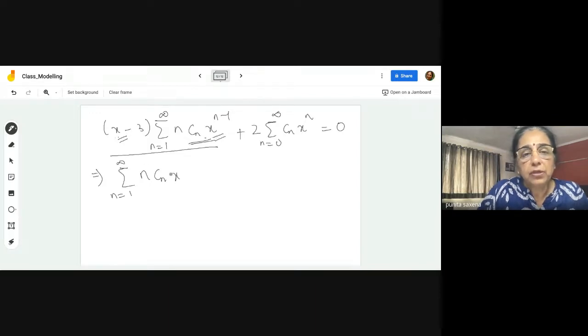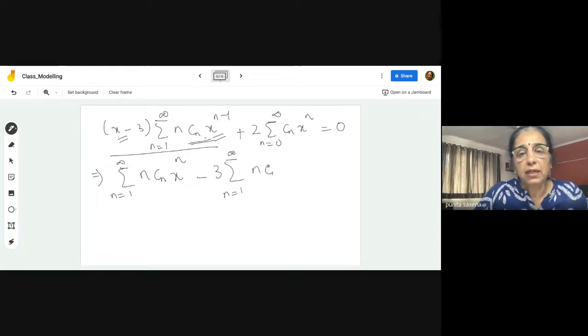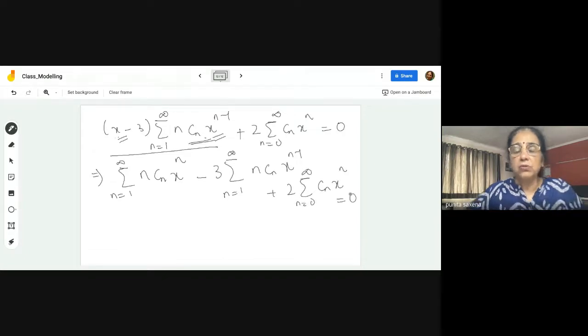If I club the two, what do I get? x to the n. The other term I'm going to get is -3 summation n from 1 to infinity n cn x to the n minus 1, plus 2 summation cn x to the n, n from 0 to infinity, equal to 0.